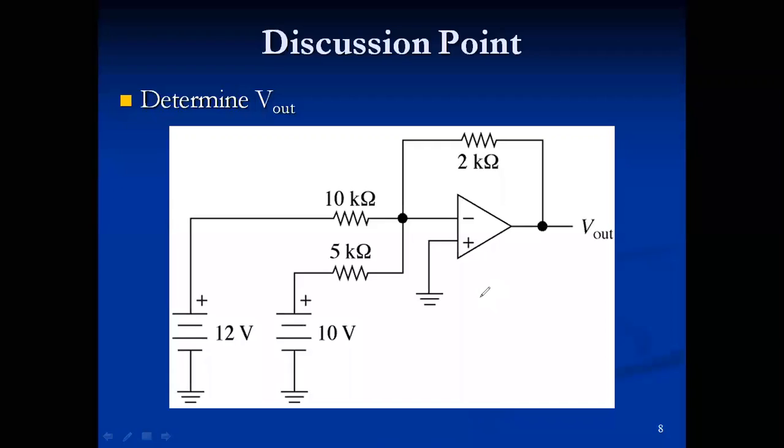I'm going to give you the shortcut. Negative I times RF equals V out.